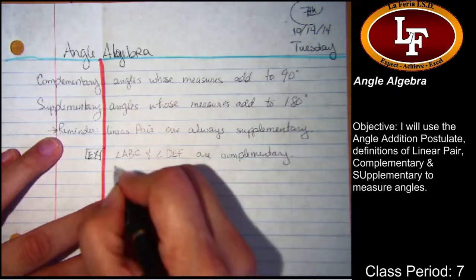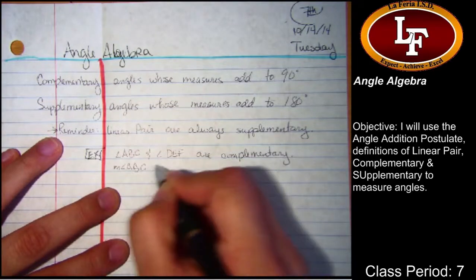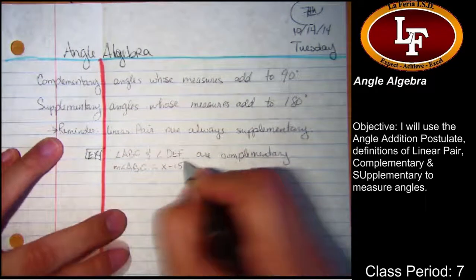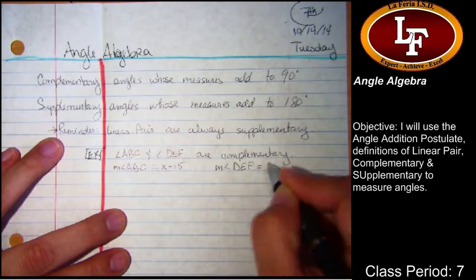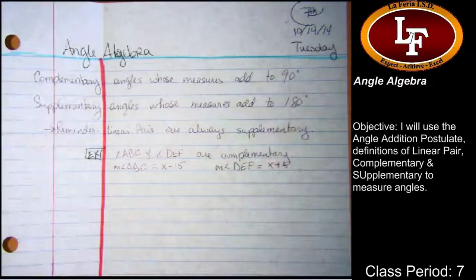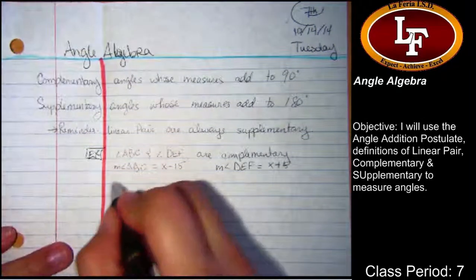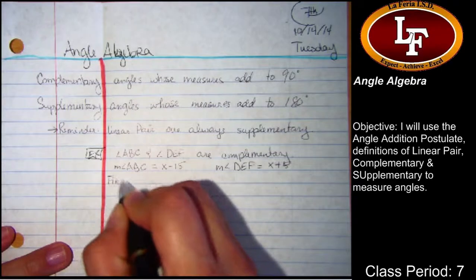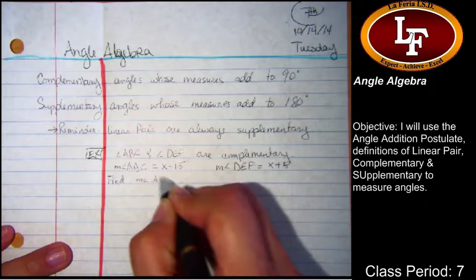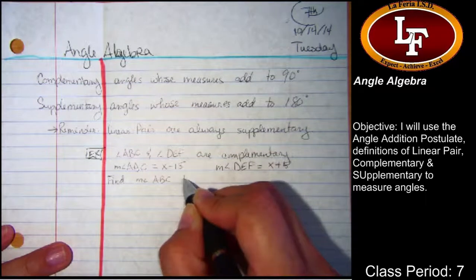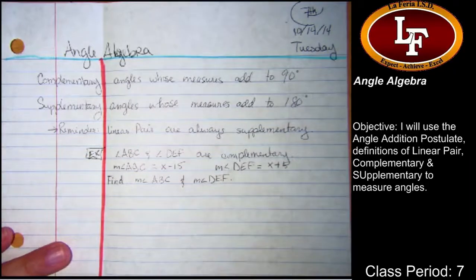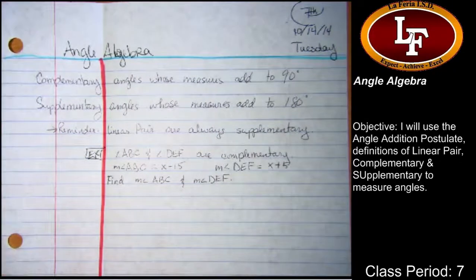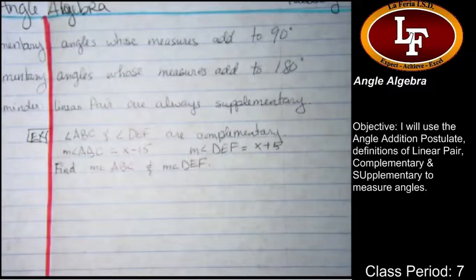And then it's going to say the measure of angle ABC is x minus 15, and the measure of angle DEF is x plus 5. And then they're going to ask you to find the measure of angle ABC and the measure of angle DEF. And that's all it says. And they didn't give you any pictures.